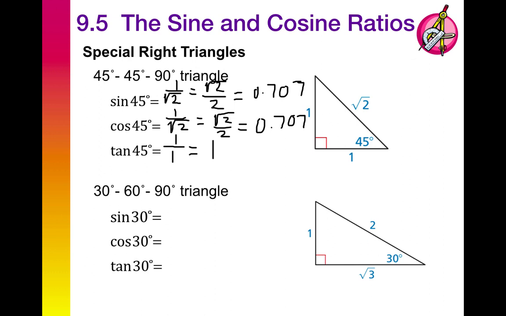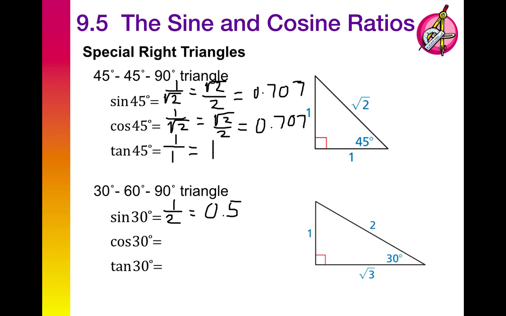Let's look at the other special triangle. In a 30-60-90 triangle, I'm going to concentrate on the 30 degrees, the smaller of the two complementary angles. With 30 degrees, the sine of 30 is opposite over hypotenuse, so I would get 1 over 2. If you plug that into your calculator, you should get 0.5, or half.